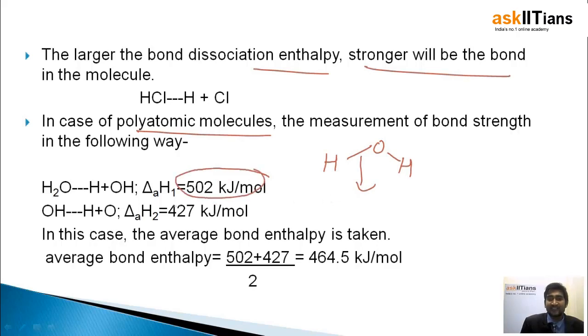In order to break the second OH bond, this much energy we have to supply. So what is the average bond enthalpy? That is equal to this energy plus this energy divided by 2. That is your average bond enthalpy, which is equal to 464.5 kilojoule per mole.